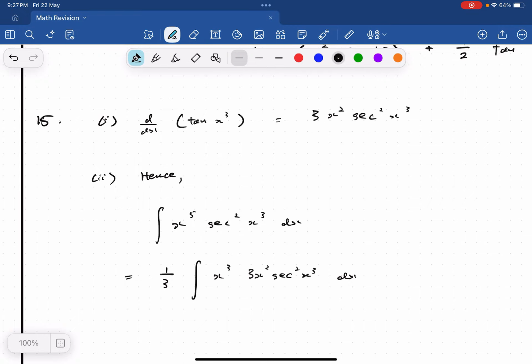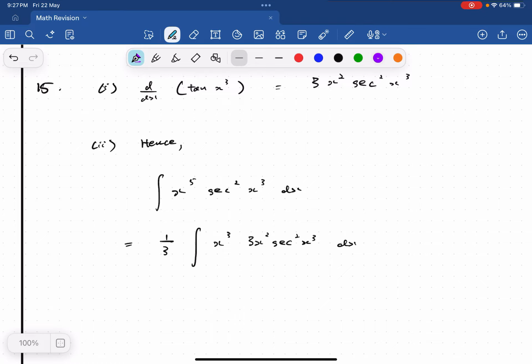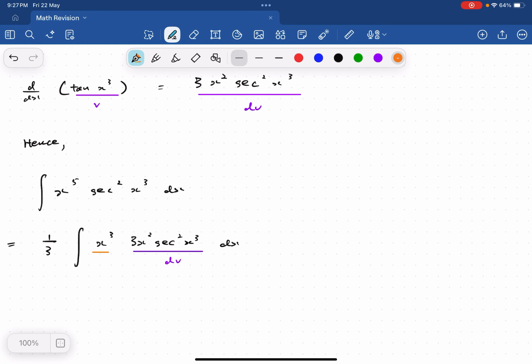Yay. Anyway, so now we know that this is going to be my dv, right? This is my dv. So my v is just going to be this expression. And then my u is here. So if my u is x cubed, then my du dx, or I prefer to write it as just du, is going to be 3x squared.